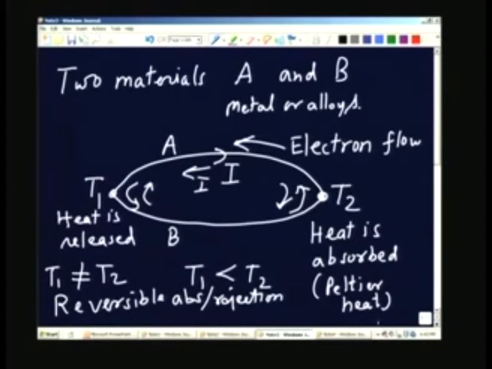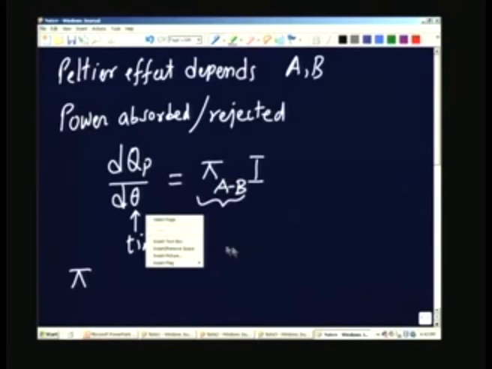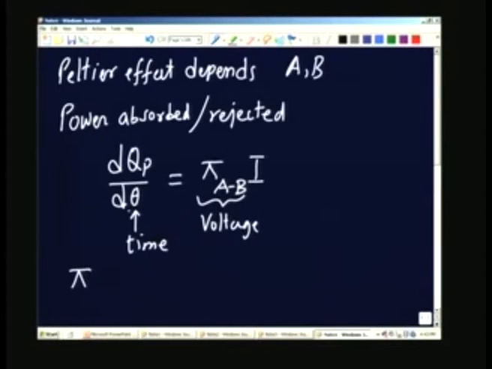So, keeping this in mind, we can say that if you have two junctions, the potential, as you can see, the unit is voltage, because the rate of doing work, dqp by d theta, which is nothing but the rate at which heat is absorbed or rejected, is equal to I into, this must have units of voltage. So, this is called the Peltier voltage or Peltier EMF.